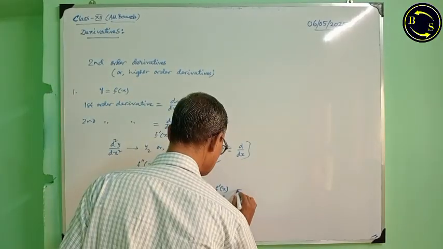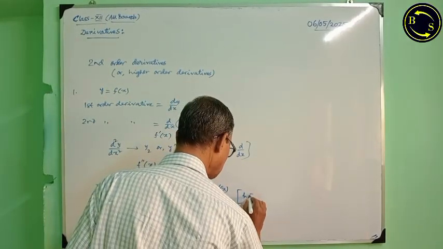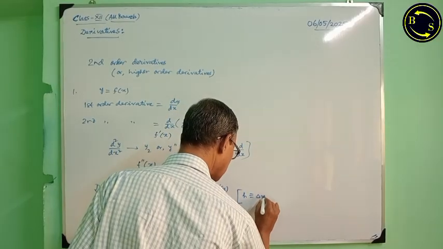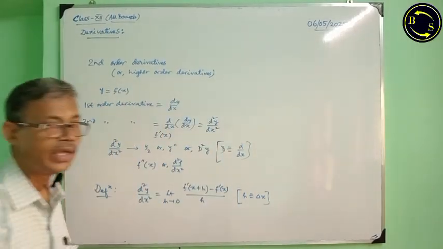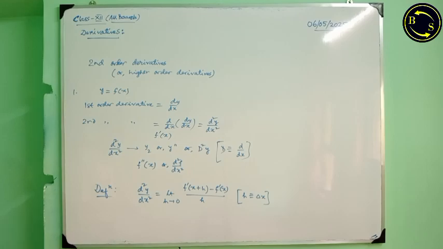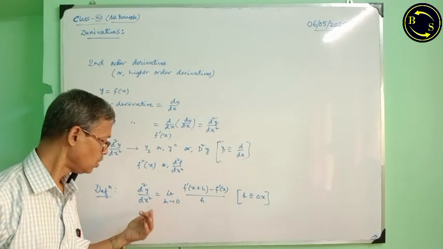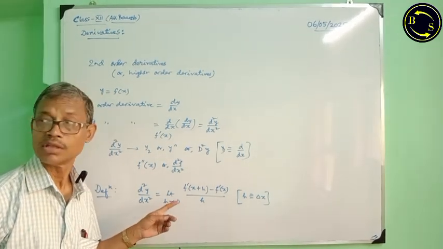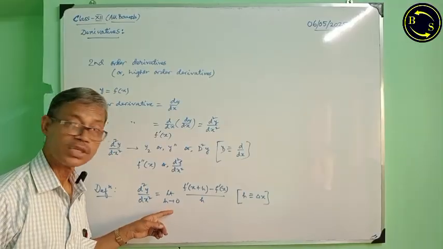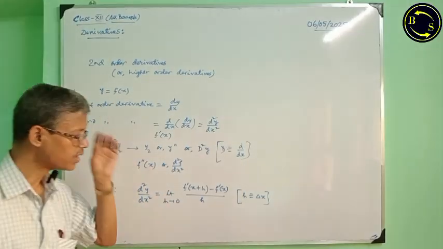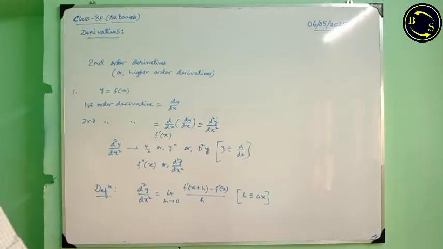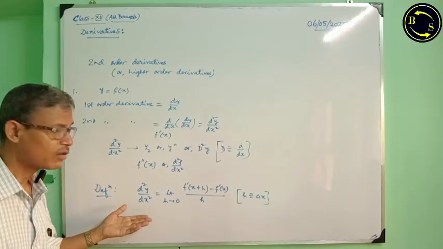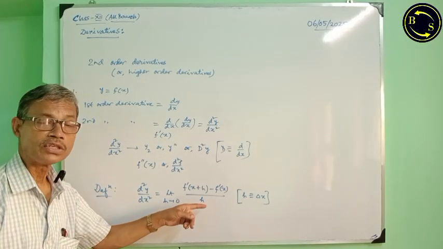And already it is mentioned earlier, h is delta x, that means change in x. In case of first order derivative, dy/dx is the limit where h tends to 0, f of x plus h minus fx divided by h. Therefore, in case of second order derivative, this is the definition.